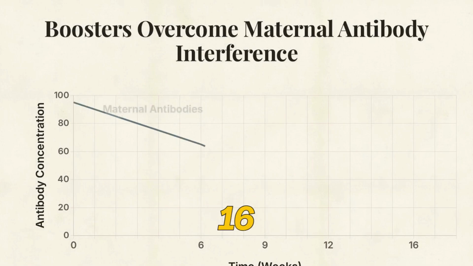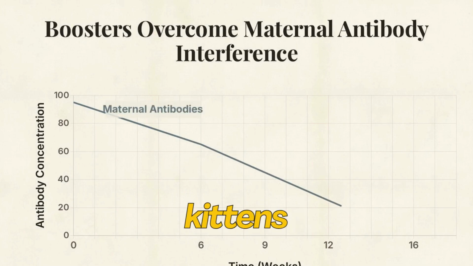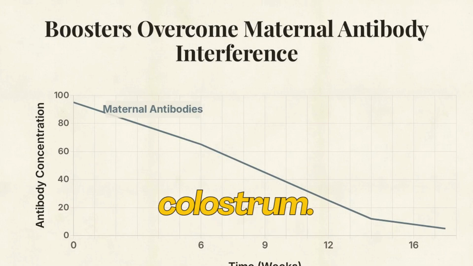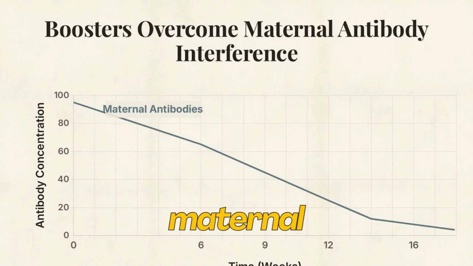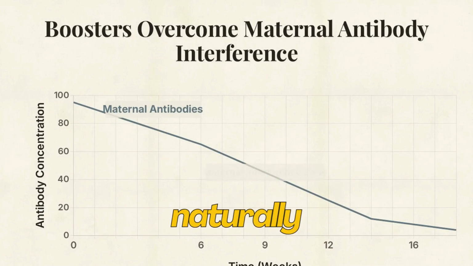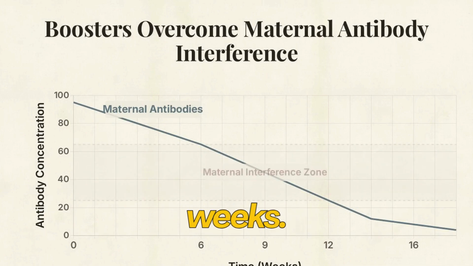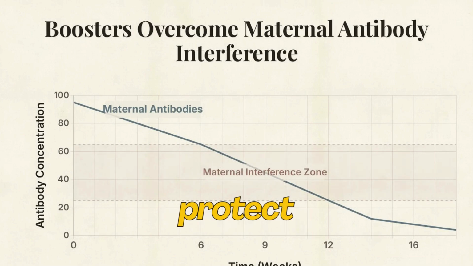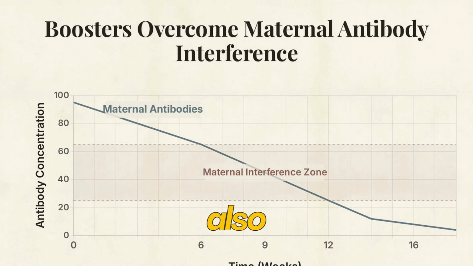Between 6 and 16 weeks of age, newborn kittens receive passive immunity from their mother through the placenta and colostrum. These maternal antibodies provide immediate protection, but they naturally degrade over the first few weeks. While these antibodies protect the kitten, they also neutralize vaccine antigens.